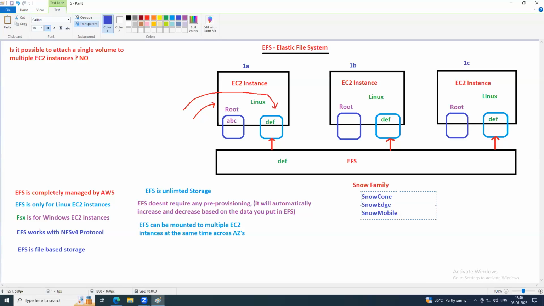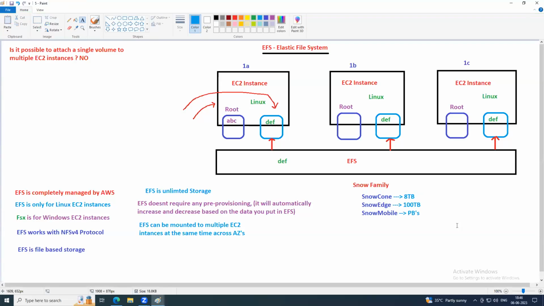We have 3. Snow Cone supports 8 terabytes of data. Snow Edge supports 100 terabytes of data. Snow Mobile supports petabytes, PBs.